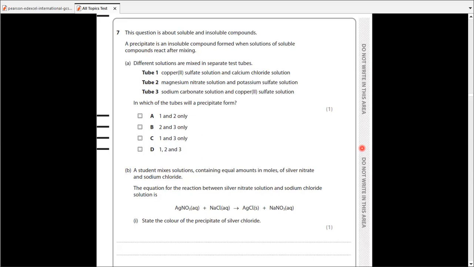Is it all of them? No, of course not. Not all of them. D is not the correct option. Okay, so is it 2 and 3 only? No. Yeah, I don't know how to work this out.